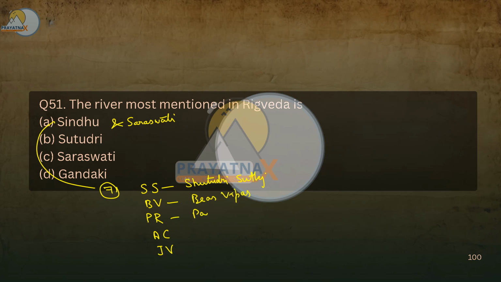PR was Parushni and river Ravi. AC was Asikni and Chenab. JV was Jhelum and Vitasta. Now moving on to the next question. So the correct answer for this would be obviously option number A, Sindhu.